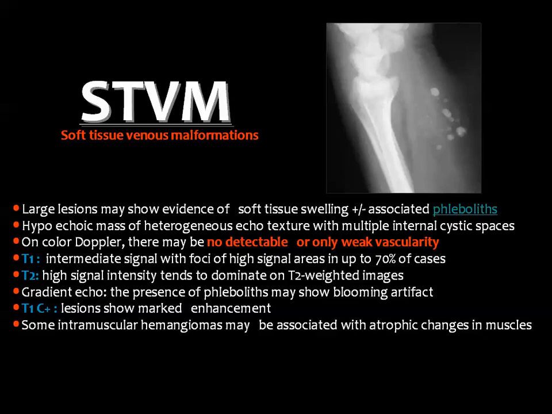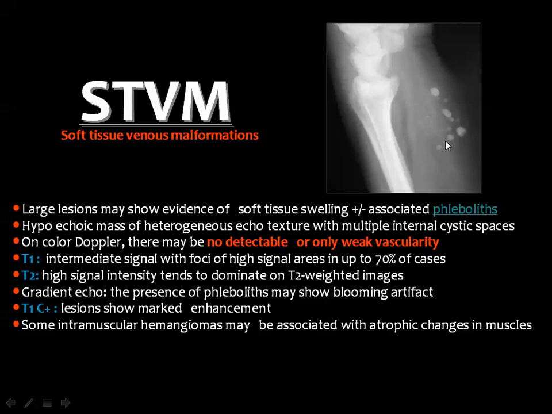As I mentioned before, one of the best diagnostic criteria for the hemangioma is to see calcified phleboliths in the soft tissues where the hemangioma is present. And this is a very important value of the plain X-ray.